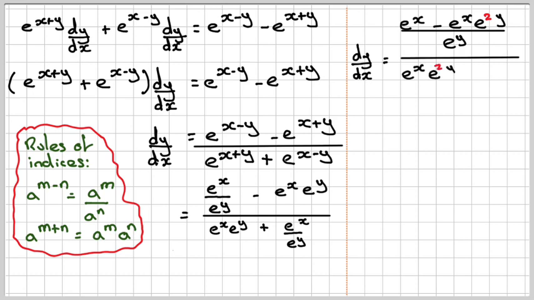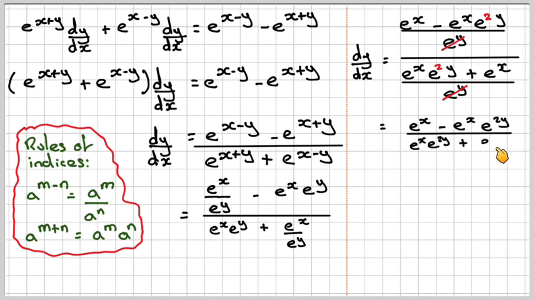And similarly at the bottom, in the denominator, you're going to get e to the x e to the 2y plus e to the x, and again that will all now be over e to the y. So if we do keep, change, flip, this one becomes the same, you're dividing, so you flip, the e to the y's will cancel out. So you end up with e to the x minus e to the x e to the 2y, over e to the x e to the 2y plus e to the x.